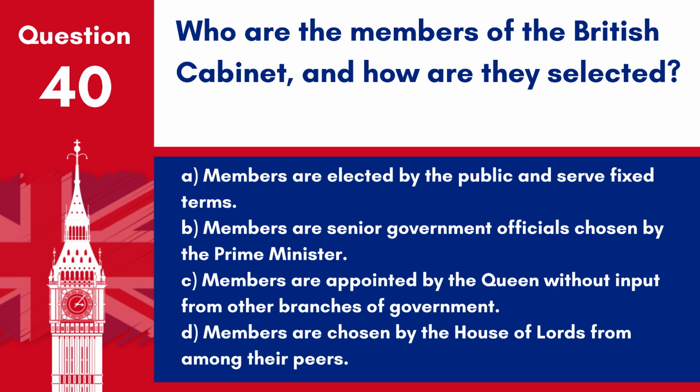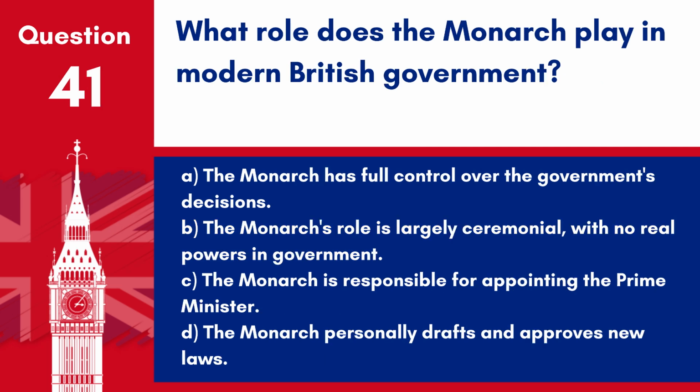D. Members are chosen by the House of Lords from among their peers. Answer: B. Members are senior government officials chosen by the Prime Minister. The British Cabinet consists of the top ministers, typically heads of government departments, picked by the Prime Minister to manage specific portfolios.